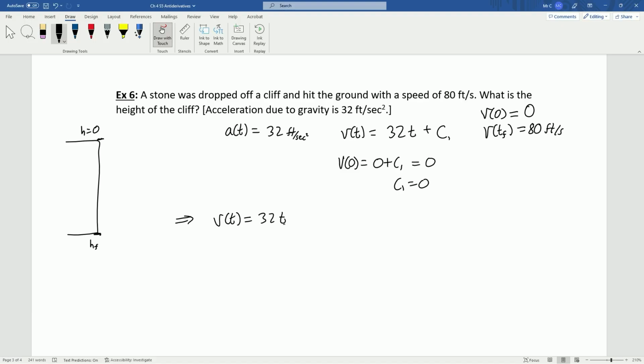Okay, now I want my position function. But position is, of course, the antiderivative for velocity. So I get 32t squared over 2. Again, I add 1 to my power, and I divide by the new power. Plus, I get a new constant. We'll call it constant 2.